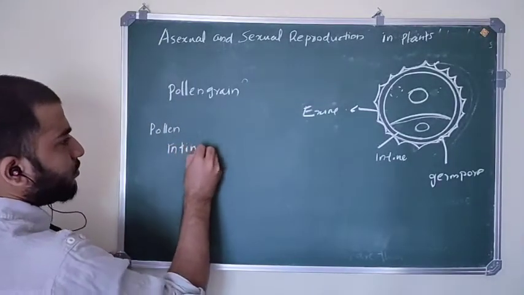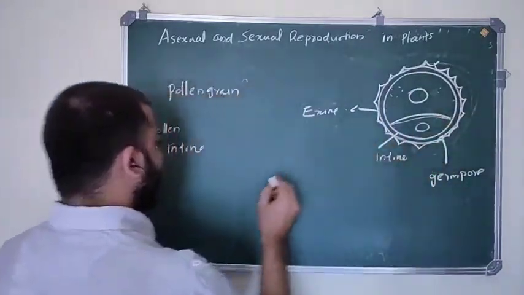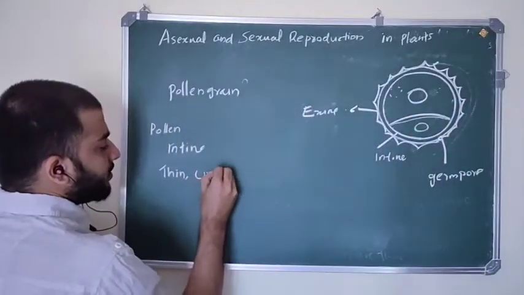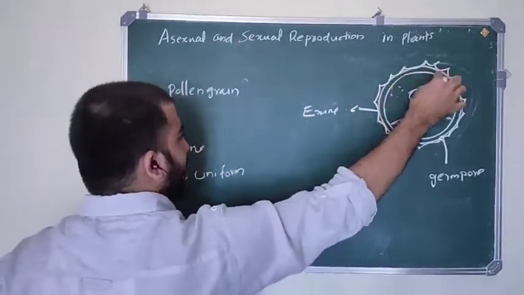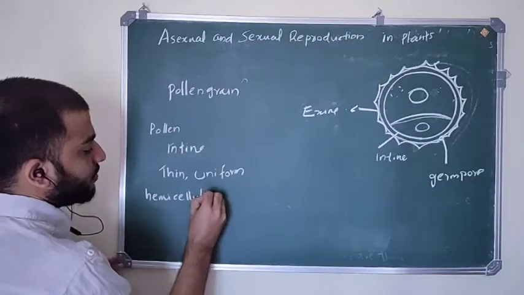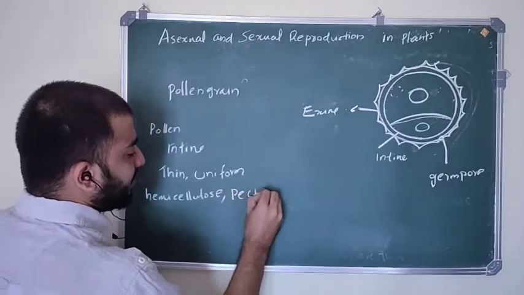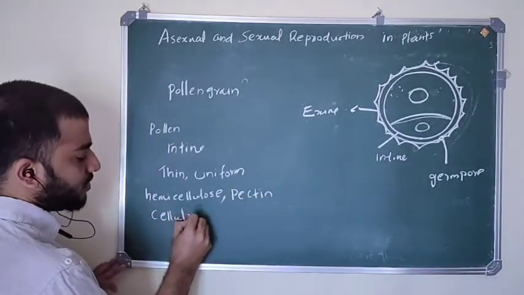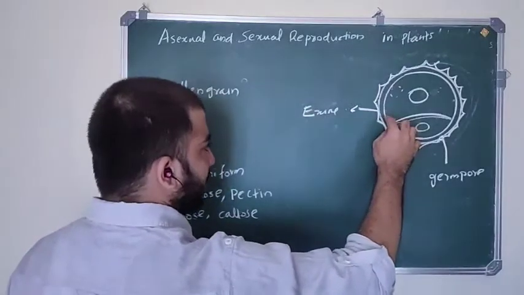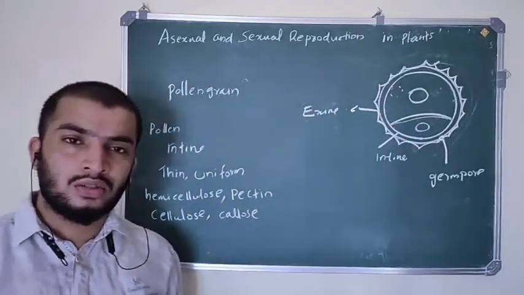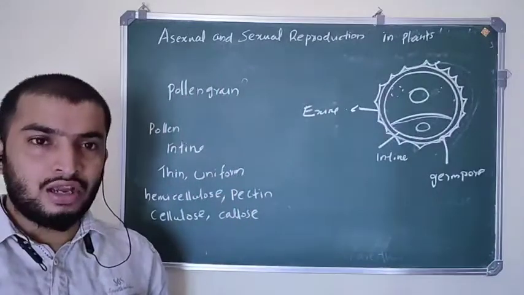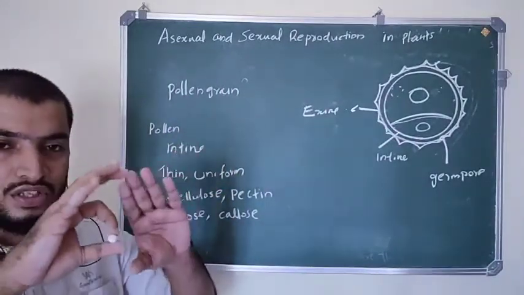You can see here this is the intine. It is very thin and uniform in structure, and it is made up of hemicellulose, pectin, cellulose and callose together.